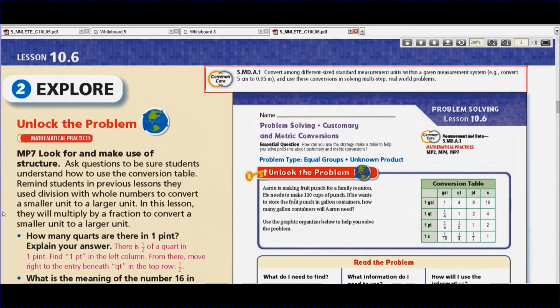Okay, first problem we have here. Aaron is making fruit punch for a family reunion. He needs to make 120 cups of punch. If he wants to store the fruit punch in gallon containers, how many gallon containers will Aaron need?